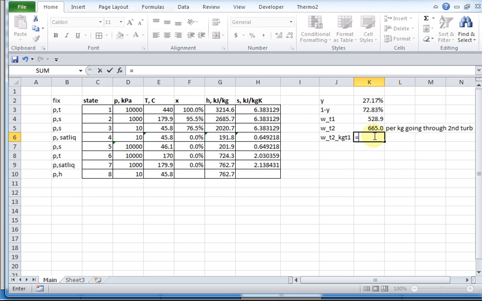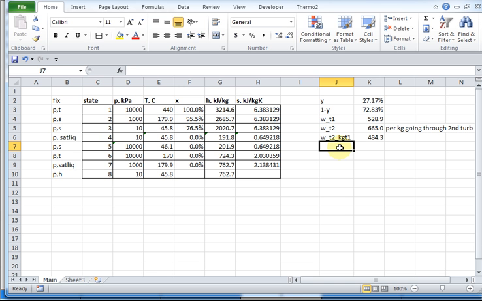So I'm going to take this value and multiply by 1 minus y, and now I have that work that comes out on the same kilogram basis as this one. They are on the same kilogram basis. Subtle but important point.